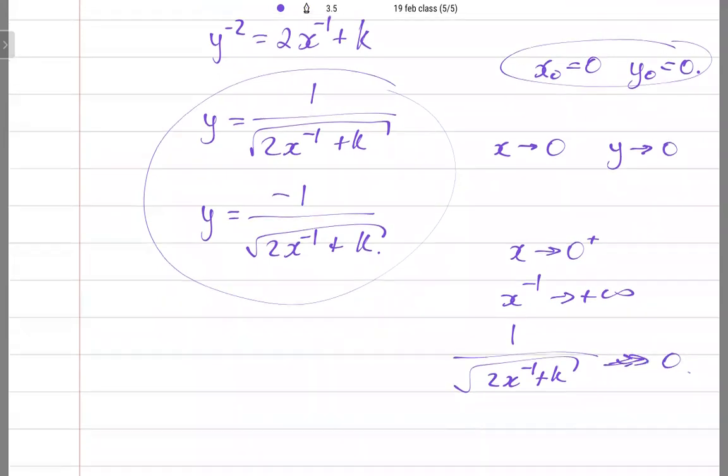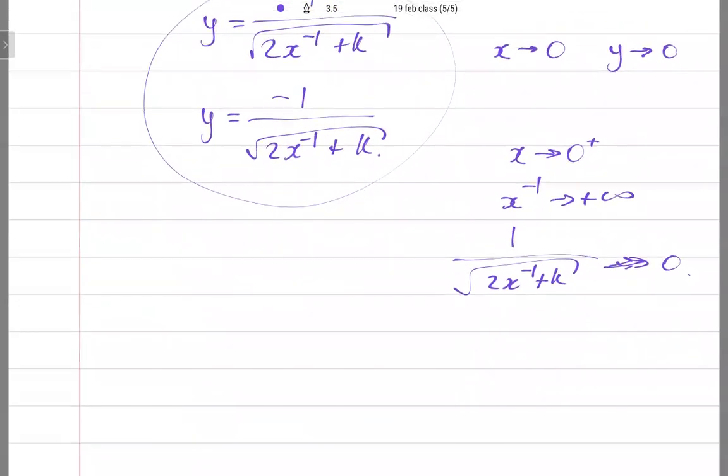So if x0 is 0 and y0 is 0, then I have infinitely many solutions.